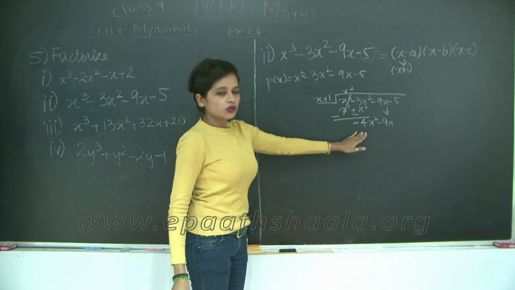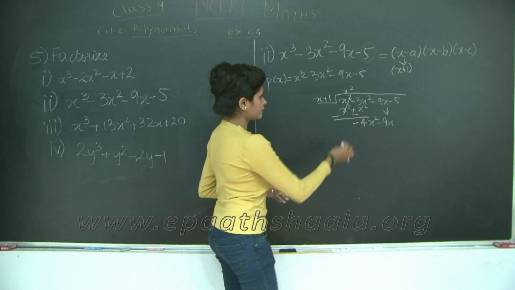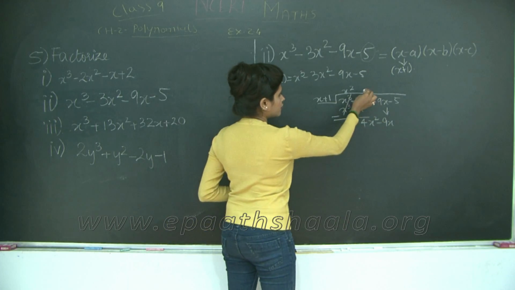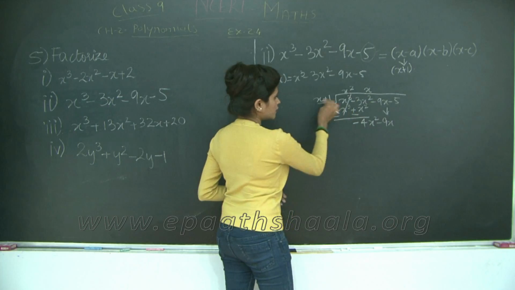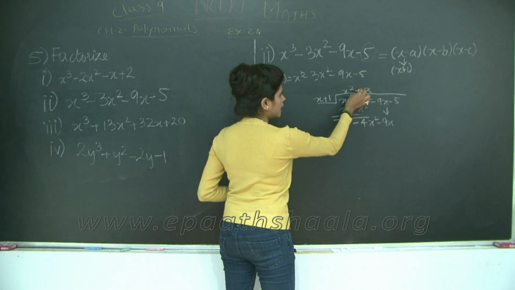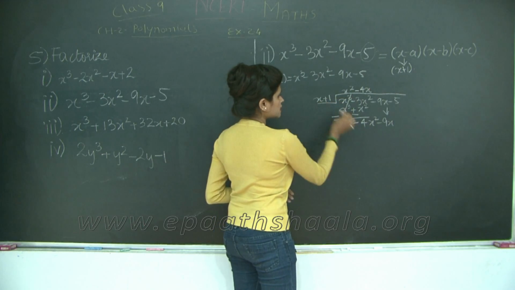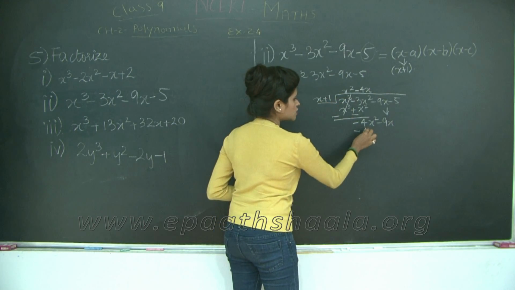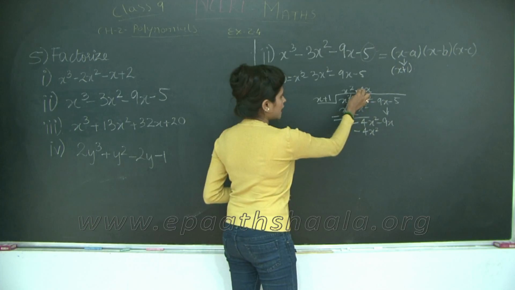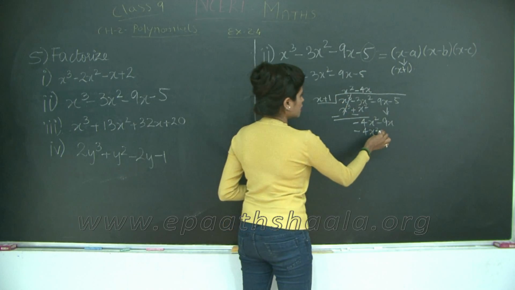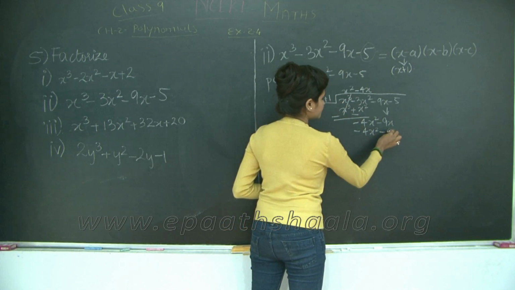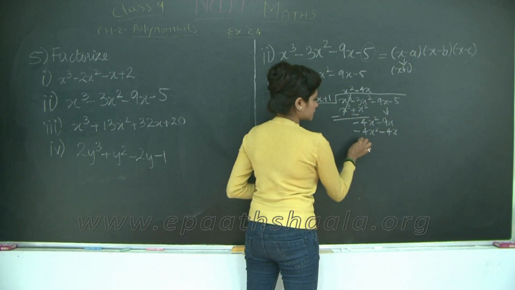Now x into what will give me minus 4x square? First of all, let's take a look at the variable. X will give me x square and minus 4 will give me 4x square, right? So minus 4x into x gives me minus 4x square. Minus 4x into 1 gives me minus 4x.